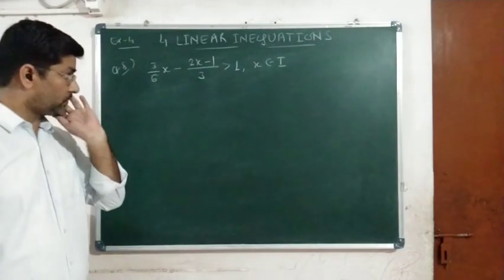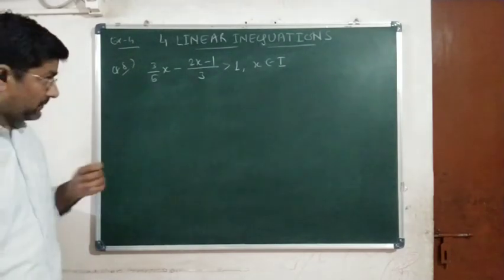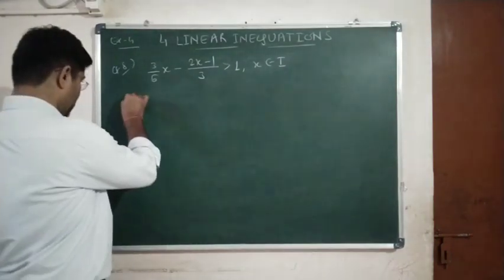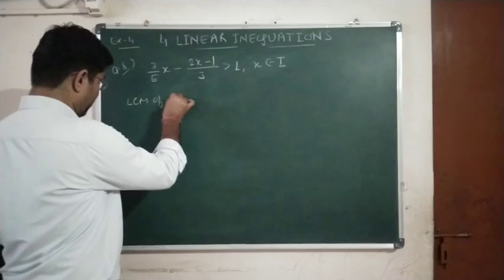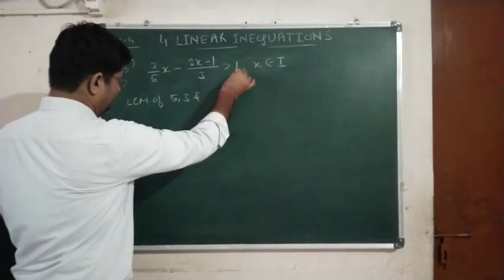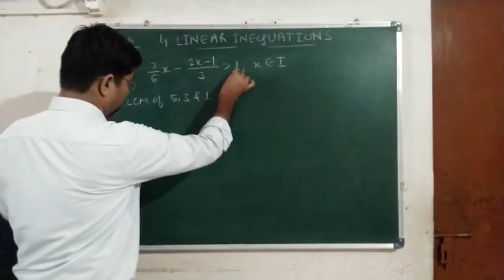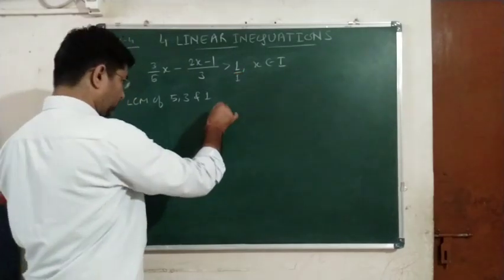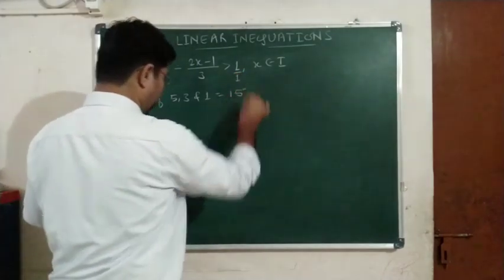In order to do so, we will take the LCM first and multiply both the sides by the LCM. So the LCM of 5, 3 and 1 is equal to 15.